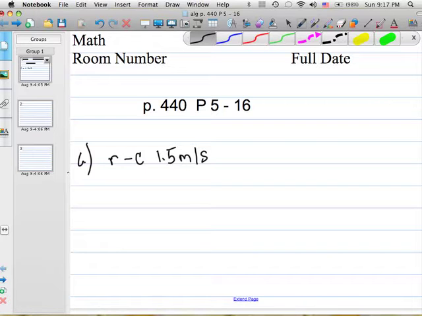And with the current, R plus C, at 3.5 meters per second. Write an equation that expresses each fact. Well, we just did. How fast can she swim in still water?